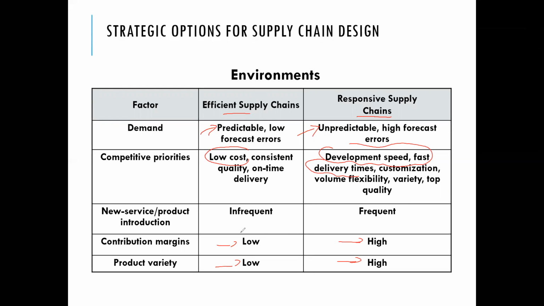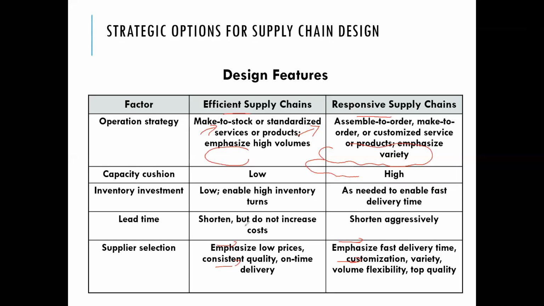That is generally a characteristic of the products itself. Now, moving on, as I said earlier, generally for efficient supply chains, the strategy is make to stock. For a responsive supply chain, the strategy is either assemble to order, make to order, or design to order.